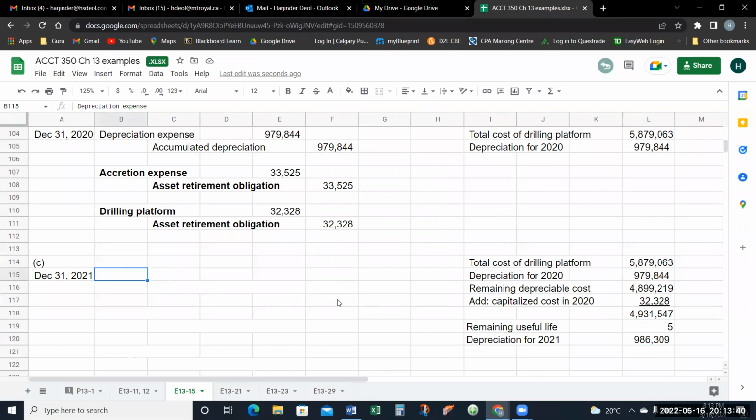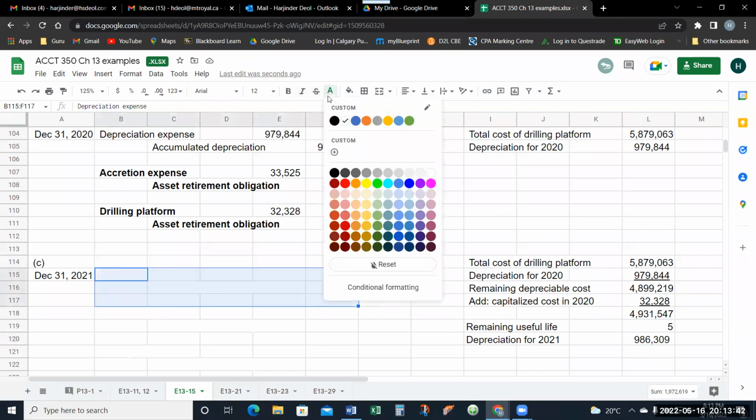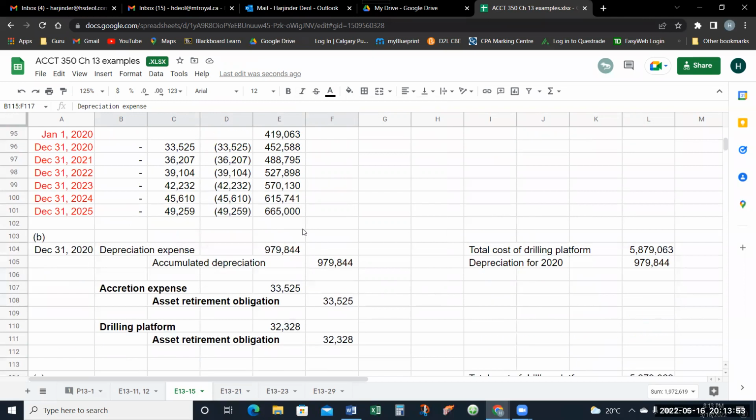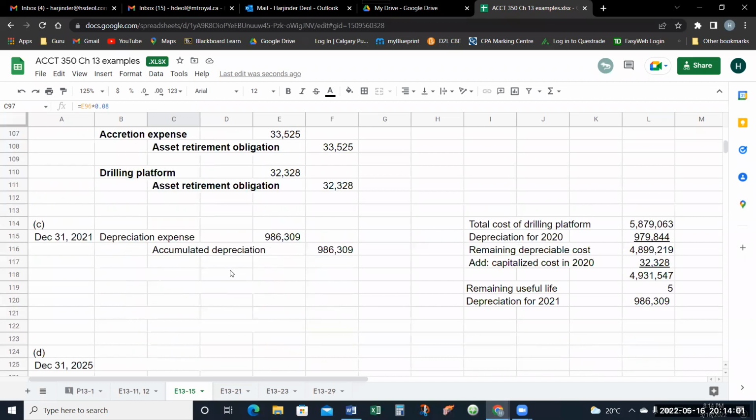So come December 31st, 2021, we'll record depreciation on the drilling platform in the amount of 986,309. Okay. Now, secondly, we're going to record accretion expense on the asset retirement obligation, the original amount, 36,207. So that gets accreted.